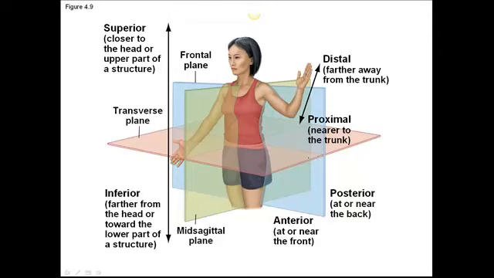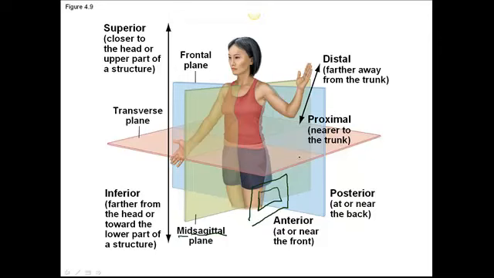The one that runs from front to back is a sagittal plane. This particular one is the mid-sagittal plane, but you can also have a sagittal plane that runs here or here, or an infinite number of them from left to right. But that's the sagittal plane.